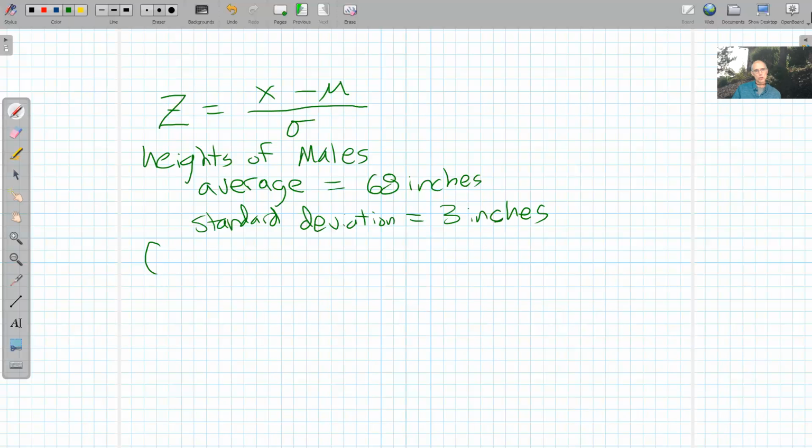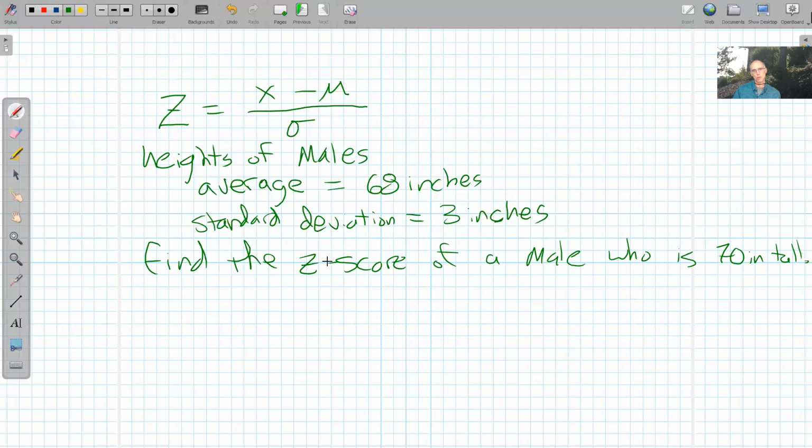And then what I could do is find the z-score of a male who is, let's say, 70 inches tall.